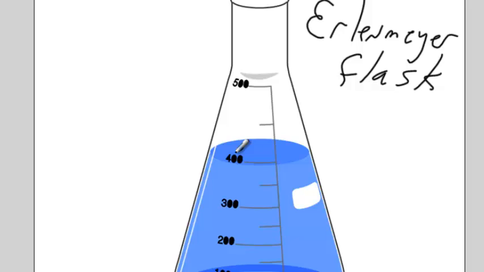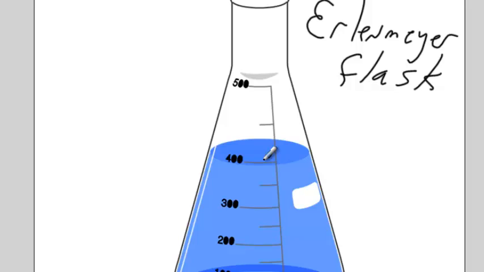So when I'm looking at this, I can say to myself, it's a little below the 400. But what I cannot say is that it's 399 milliliters. Can't say that because I don't have the markings. I've got 300, 350, 400. The only thing I can really say about that liquid level is it's somewhere between 350 and 400.